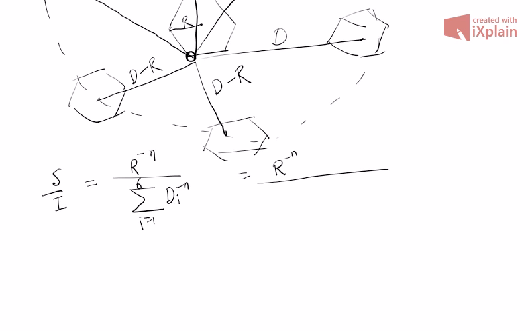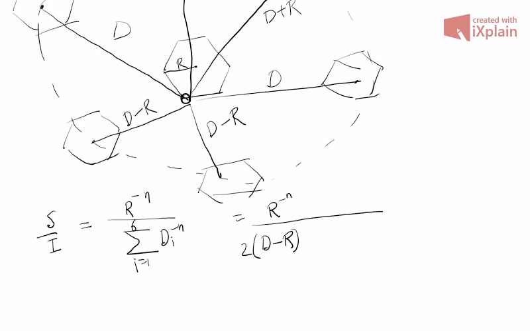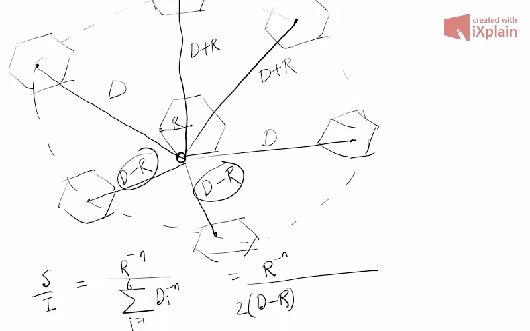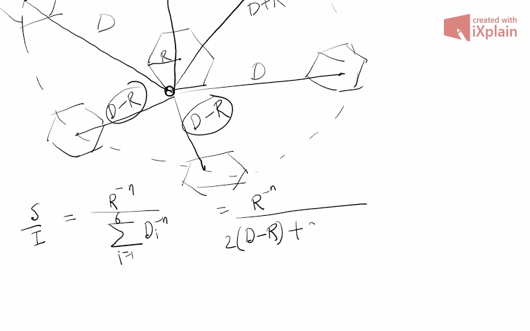And what is d_i? Now d_i is D minus R, 2 times. You see, this and this is D minus R. Similarly, for 2 hexagonal cells it is 2D. For the other 2 it is, oh sorry, there is minus n here, D plus R.